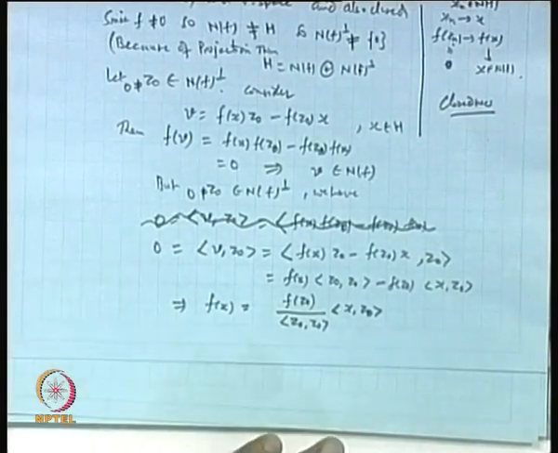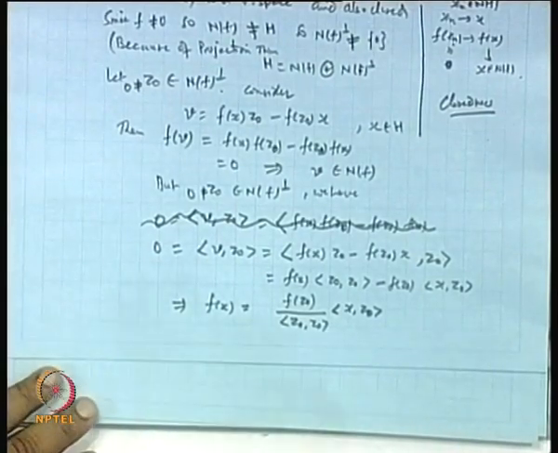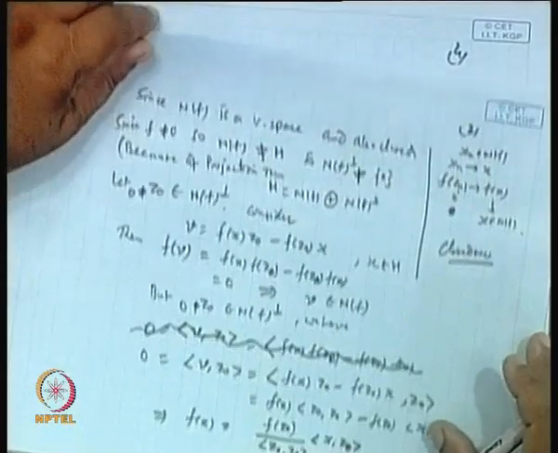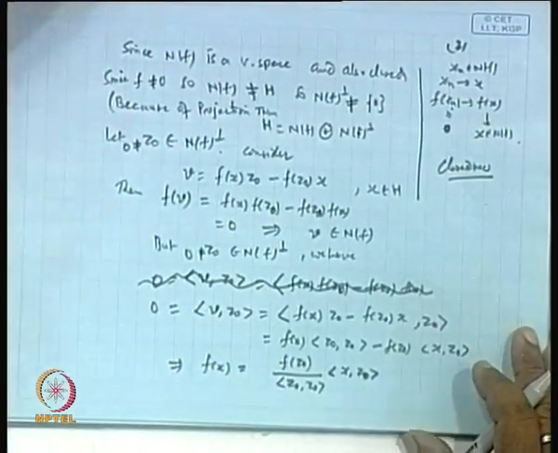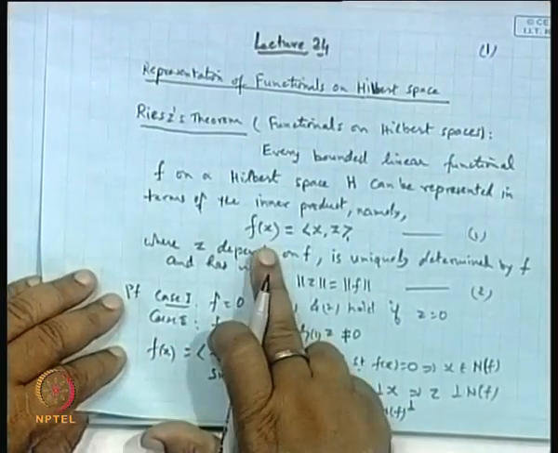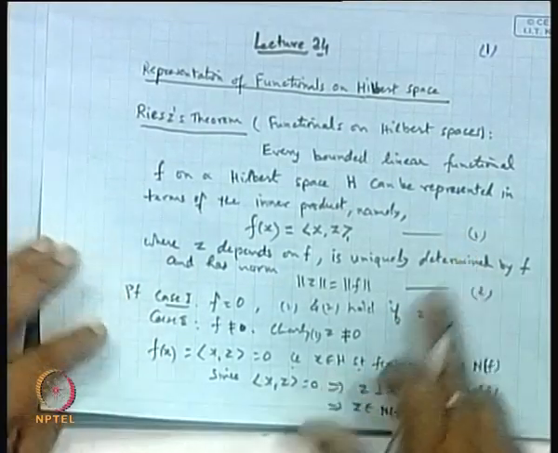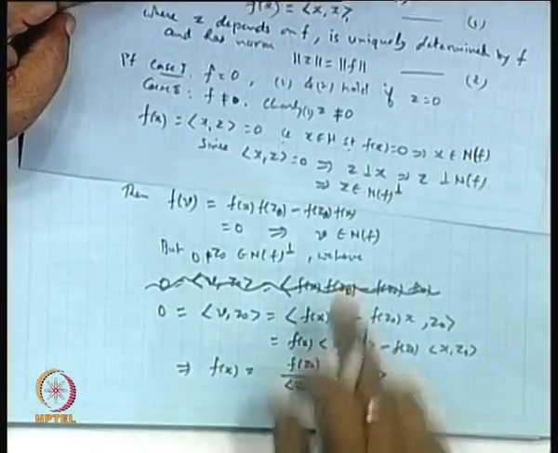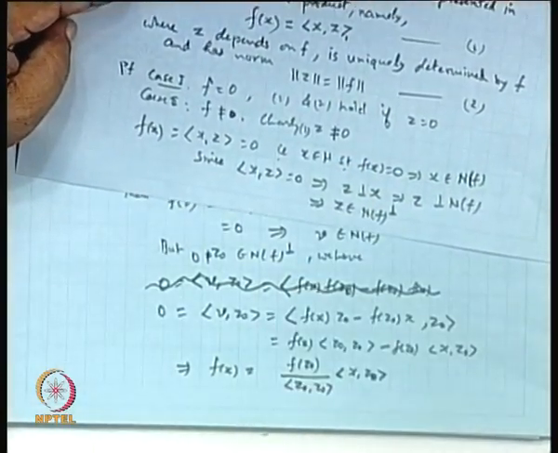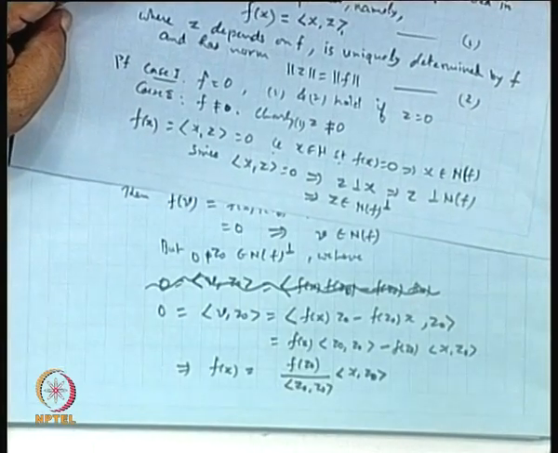Is it okay or not? So we are getting this. Now, what our aim was is to represent the linear functional f in this form. I claim that we have got this representation in this form. Why?